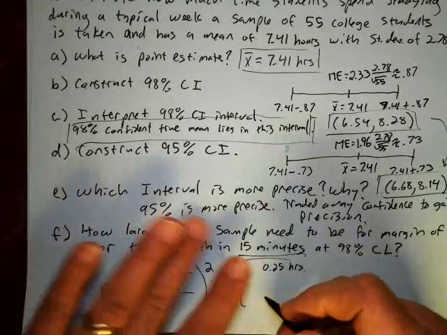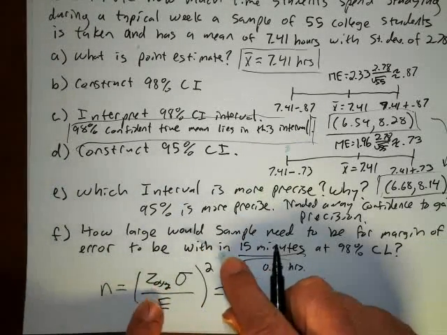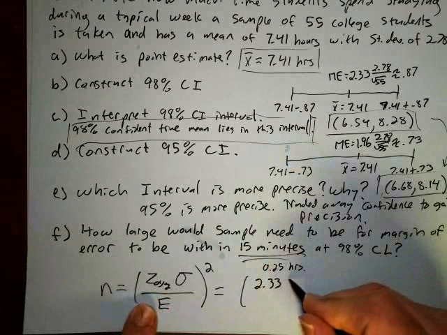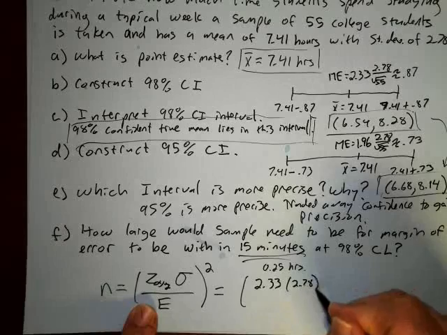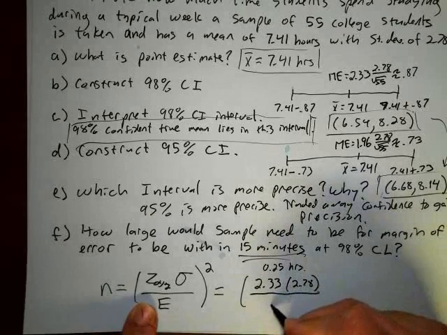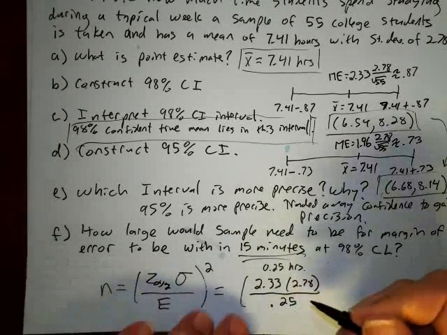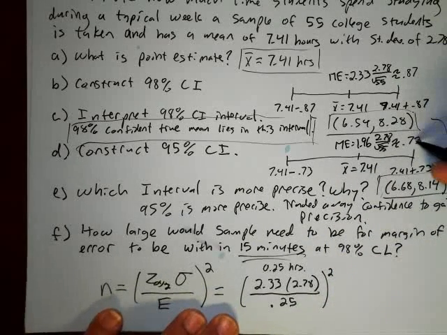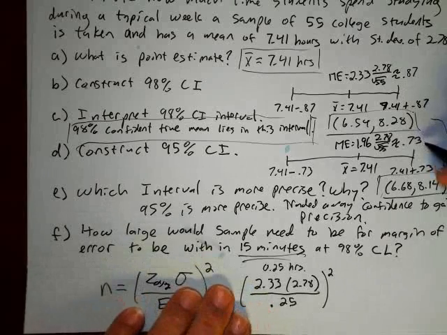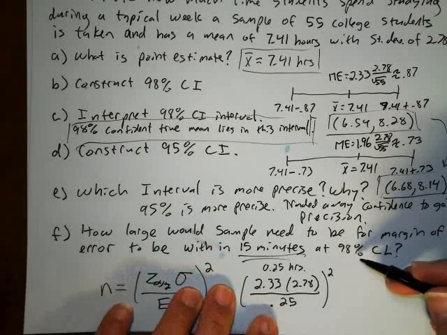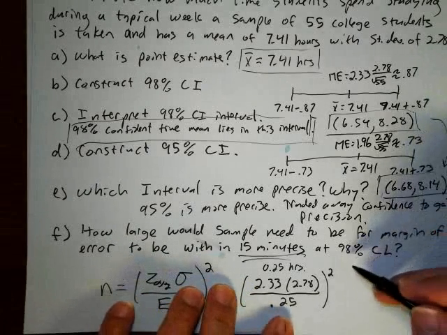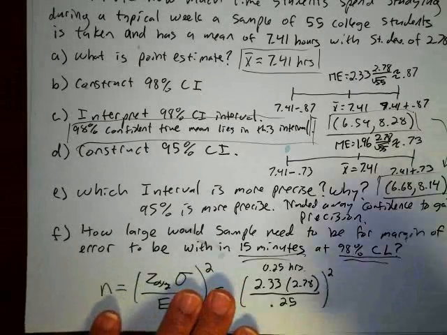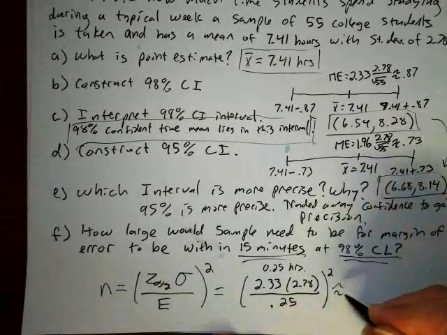So for 98% confidence here, the critical z-value is 2.33, and then my standard deviation is 2.78, and then this is over 0.25. I want my margin of error to be 0.25. So I went from 0.87 to 0.73, and now here I'm going to go all the way down to 0.25. So I'm going to really shrink it down and still maintain the same level of confidence. So how large would my sample need to be?